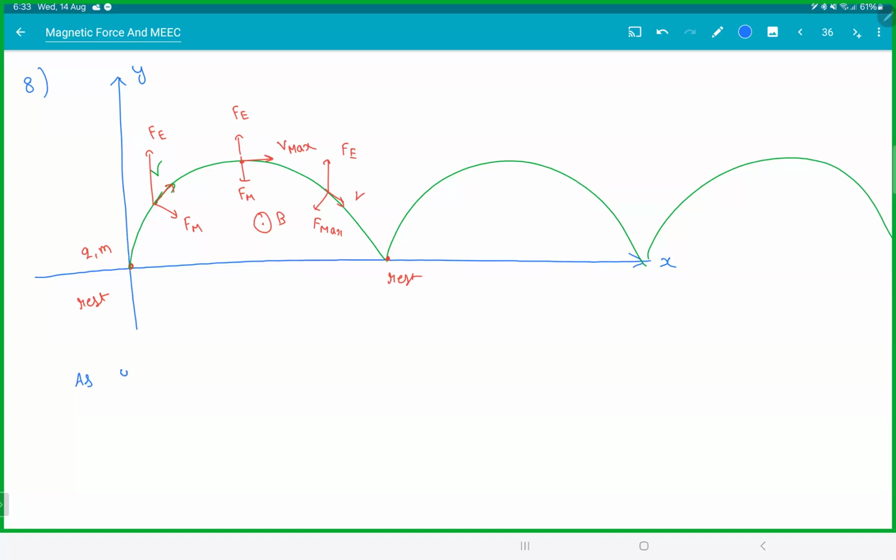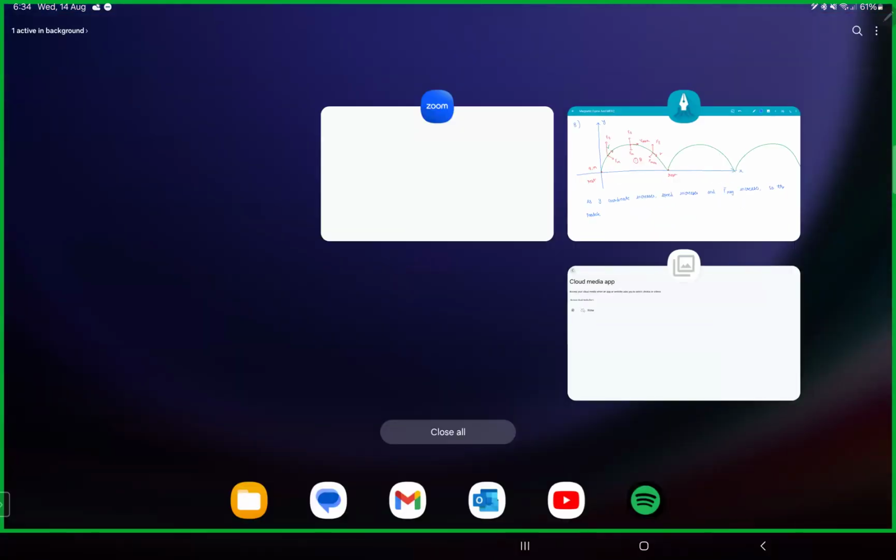So as the y coordinate increases, speed increases because the electric field is the only one that does the work. Speed increases and this results in the magnetic force increasing. So the particle will start turning down. Think about it.